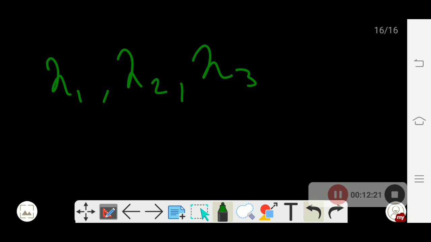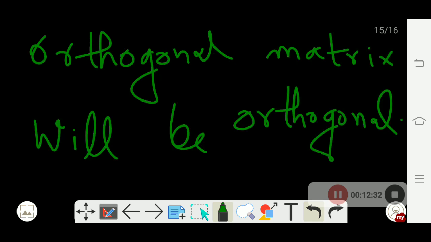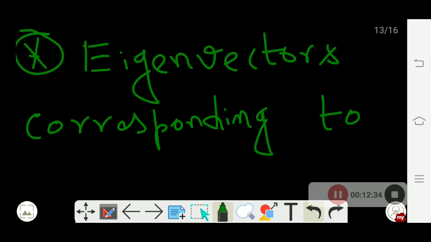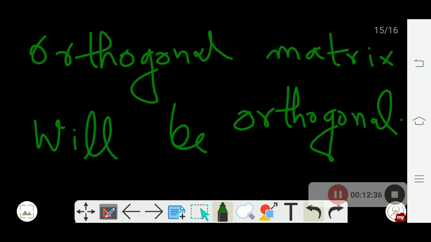If you get corresponding eigenvectors to these, and the eigenvalues come from an orthogonal matrix, that is the main point here. Eigenvectors corresponding to non-degenerate eigenvalues of an orthogonal matrix, this point you need to remember.